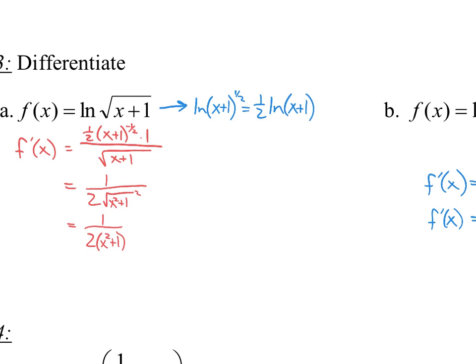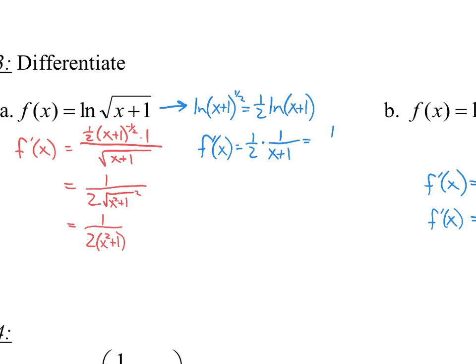Okay? When I take the derivative then, f prime of x is going to be 1/2 times, what's the derivative of x plus 1? It's 1 over x plus 1. Okay?